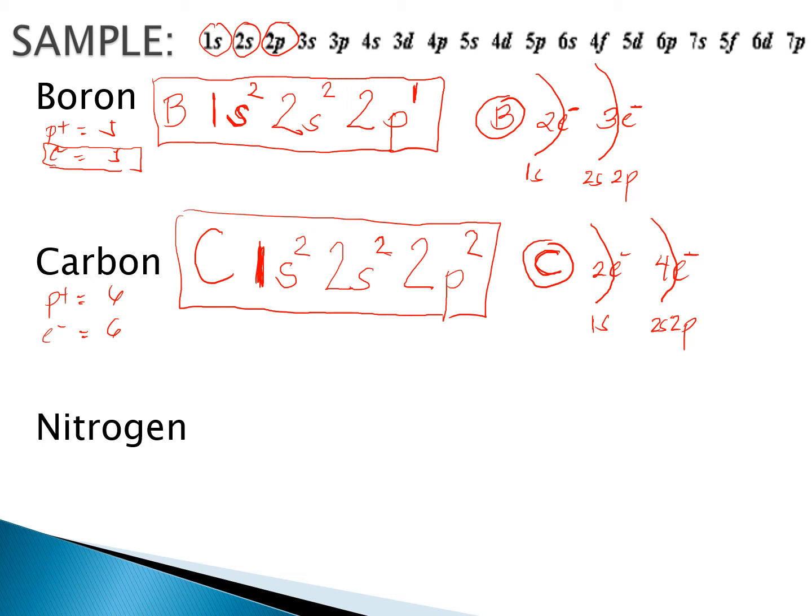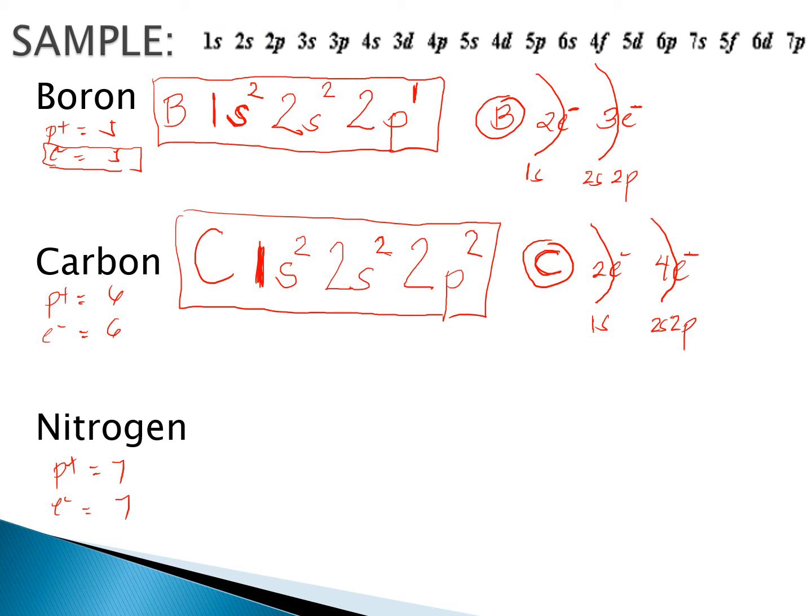Okay? Now, next, another example is nitrogen. Nitrogen is element number 7. So, the number of protons is 7. The number of electrons is also 7. So, now let's allot the total number of electrons to the energy levels and orbitals using the electron distribution mnemonic chart.